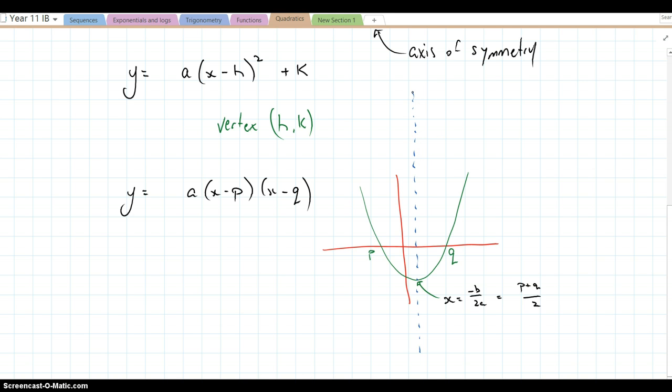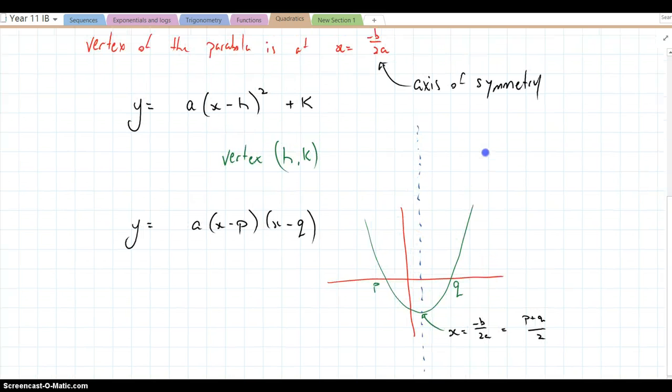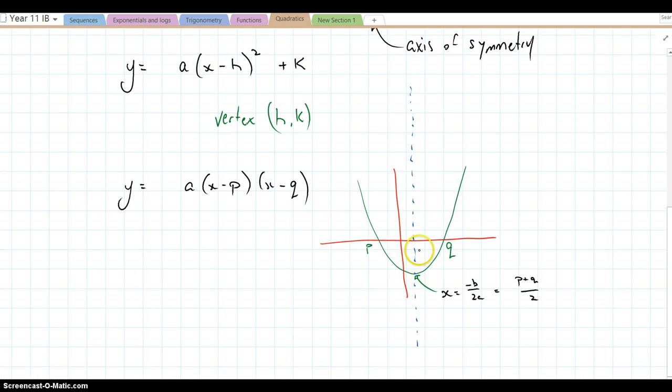It has line symmetry or reflective symmetry across the line x equals minus b over 2a, which goes right through the vertex of the parabola.